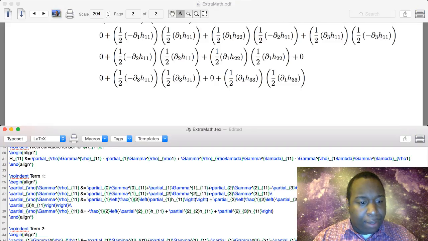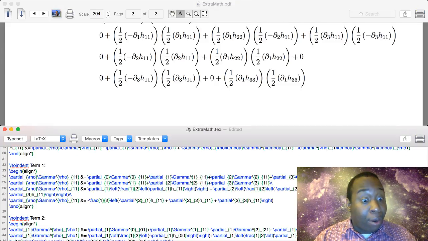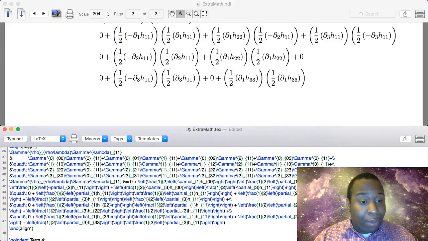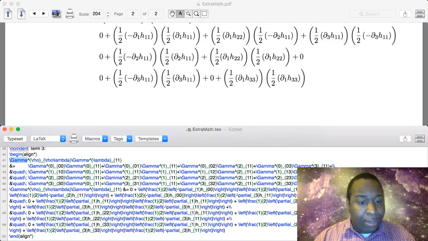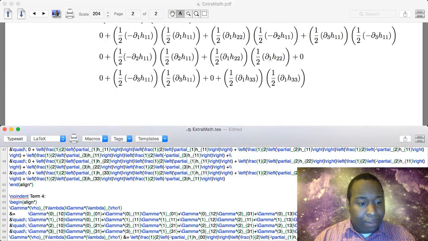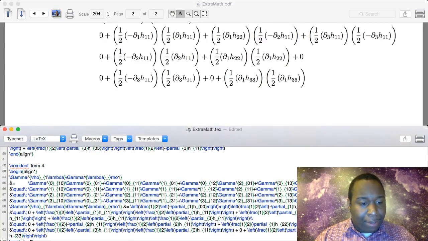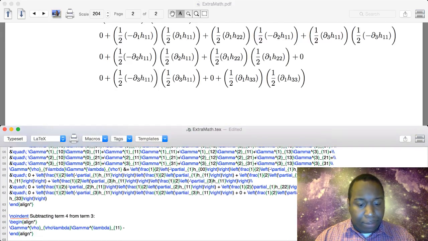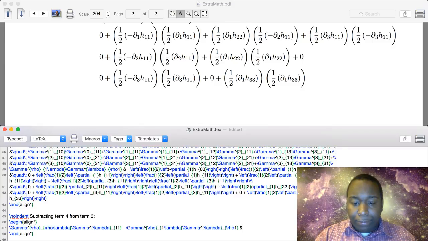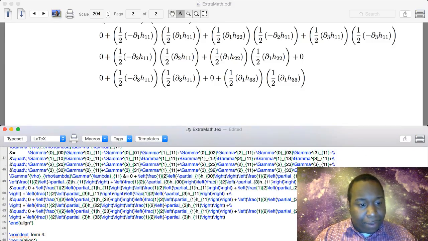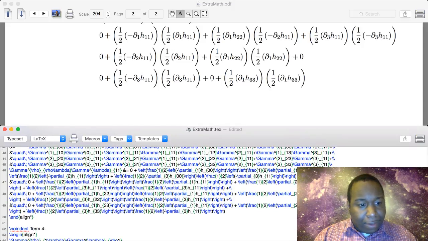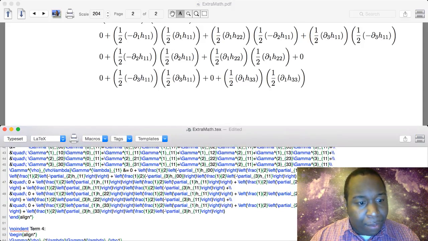Let's see. All right. So for these terms, actually it's 3 and 4. So I'm actually just taking this and I'm subtracting from that this, which is the fourth term. And so that's going to be leaving me with all the rest of this.